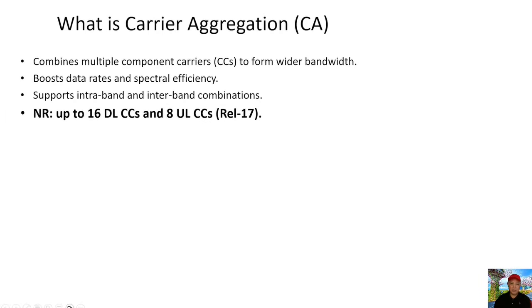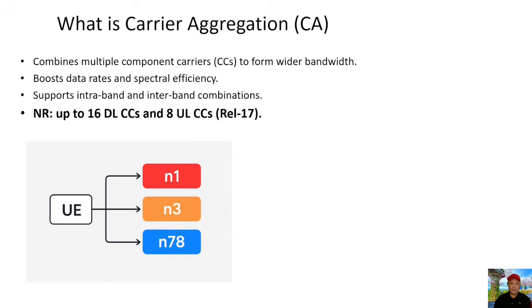Let's start with carrier aggregation. First introduced in LTE Advanced and enhanced in 5G New Radio, it allows the network to combine multiple component carriers to form a wider effective bandwidth, boosting user data rates.